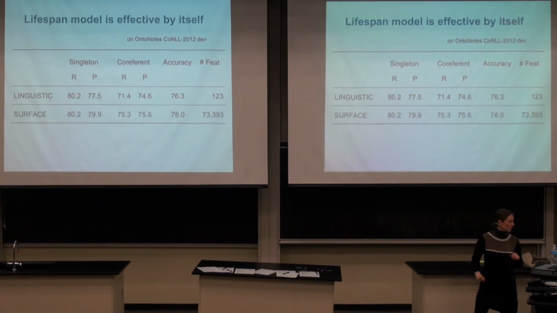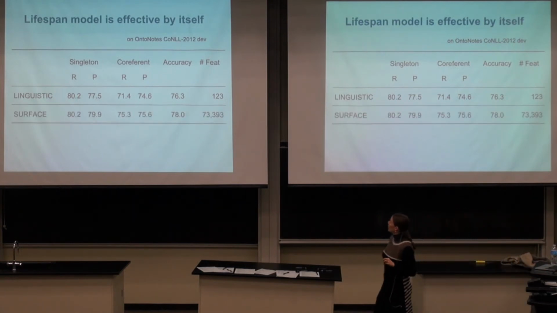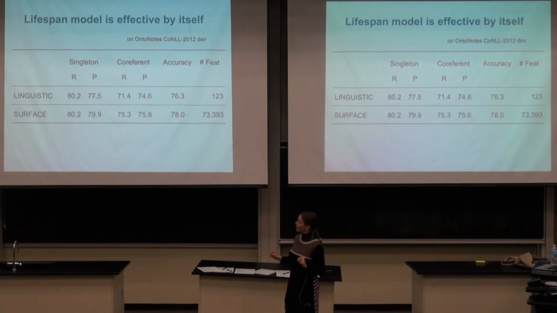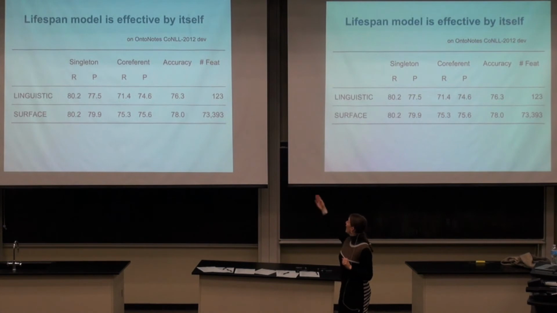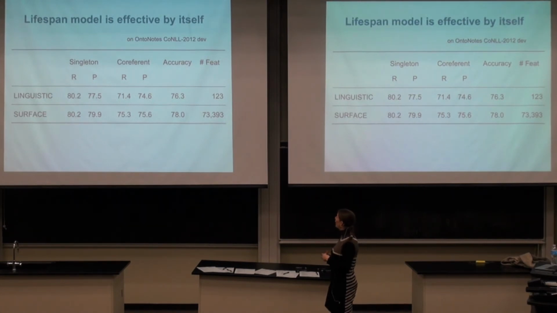We used the features from Greg Durrett's coref system, looking at just the words of a mention, the first word of the mention, two words to the left, and two words to the right. Giving these very shallow features to the model, it does well, actually better than just the linguistic features.